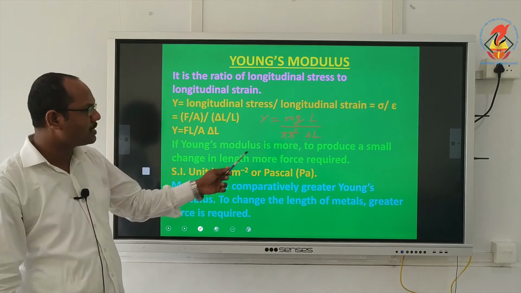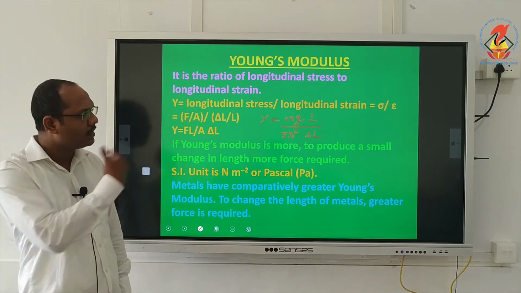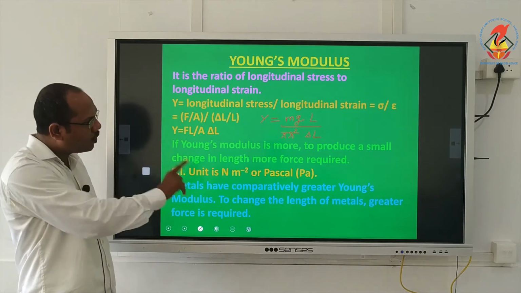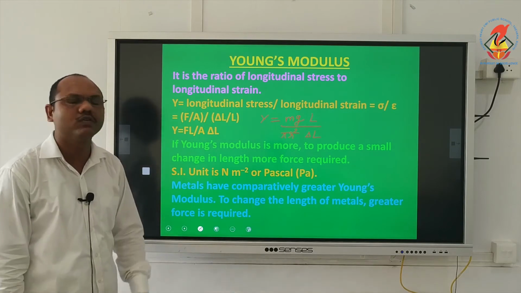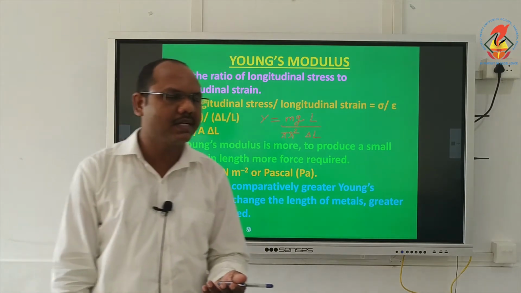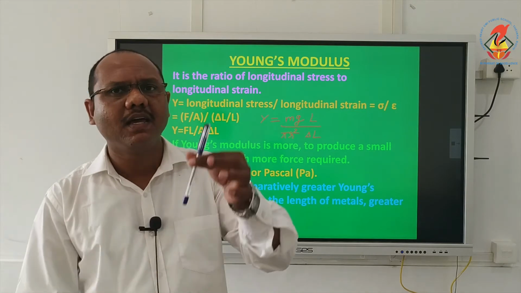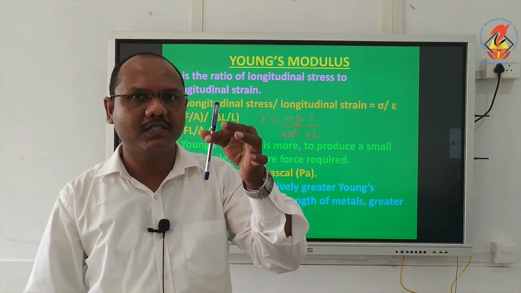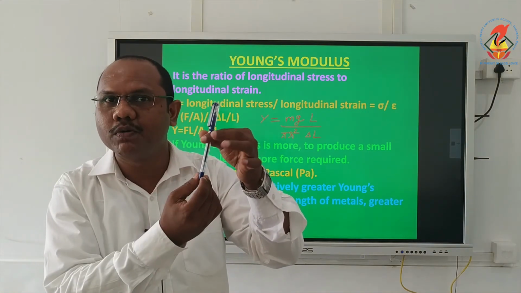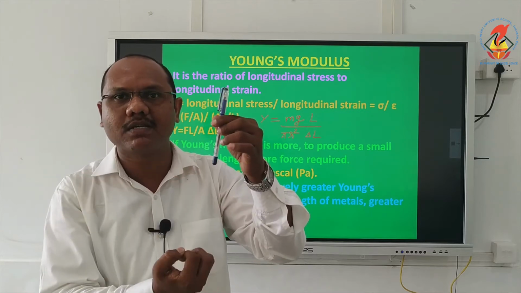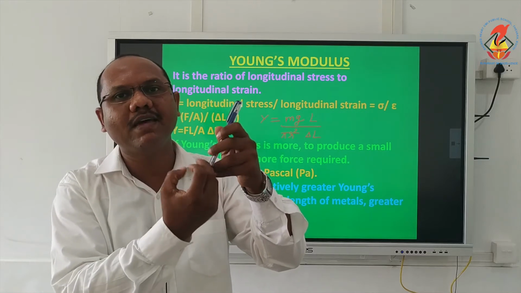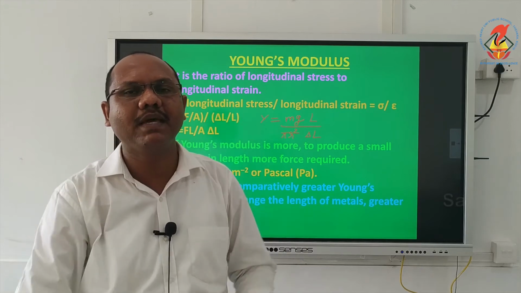If Young's modulus is more, then to produce a small change in length, more force is required. That is understood, right? If I take a rubber band or a plastic rope and hang a mass, I need to hang only a very small mass and this wire will be extended.